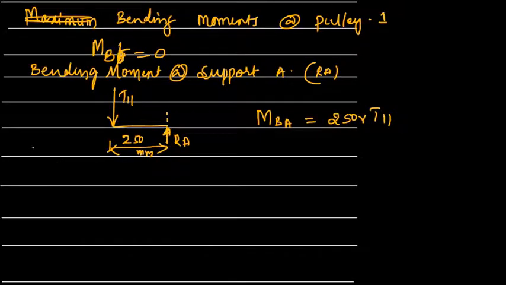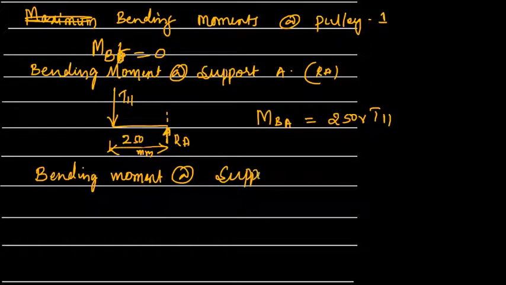Now similarly calculate bending moment at support B, that is at RB. In this case you can use the right hand side diagram also, but to avoid confusion, we'll consider only the left hand side. Now we'll draw the diagram here.